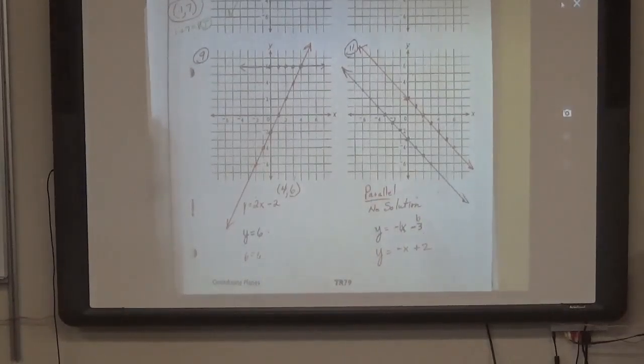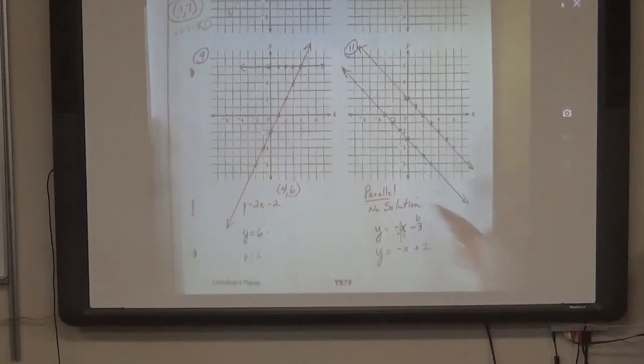Adam, how do you write that as a fraction? -1 over 1.